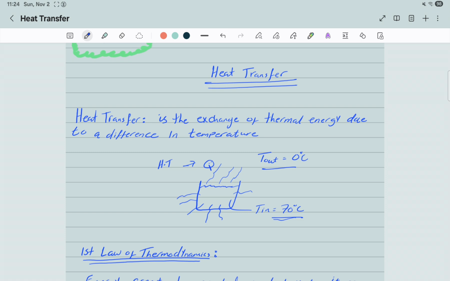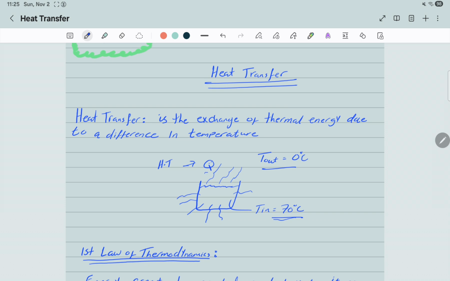Now heat is being transferred from the pot of soup, which is 70, the hotter object, or the hotter system, into the surroundings, which is the colder system.